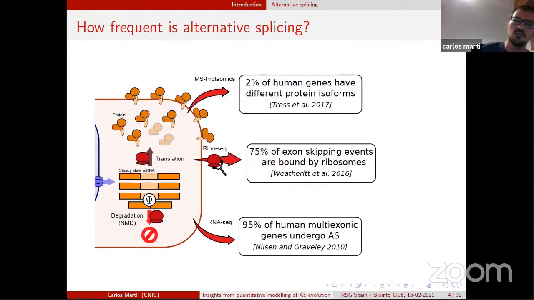However, when it comes to detecting directly the protein with mass spectrometry-based proteomics, they only found that 2% of human genes are actually producing different proteins. Despite the technical limitations that proteomics has, this seems like a very big gap and raises the question about the general functionality of alternative splicing.